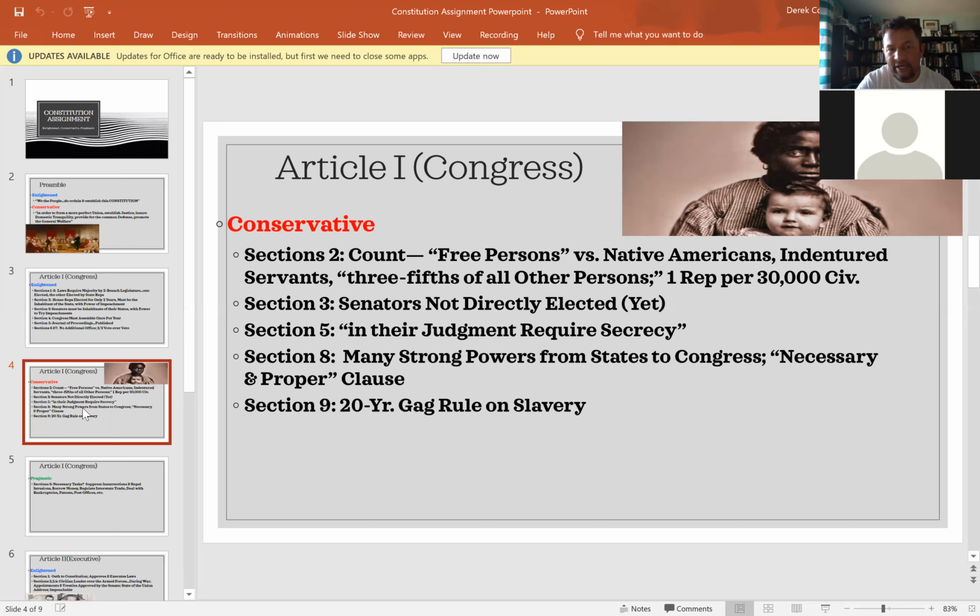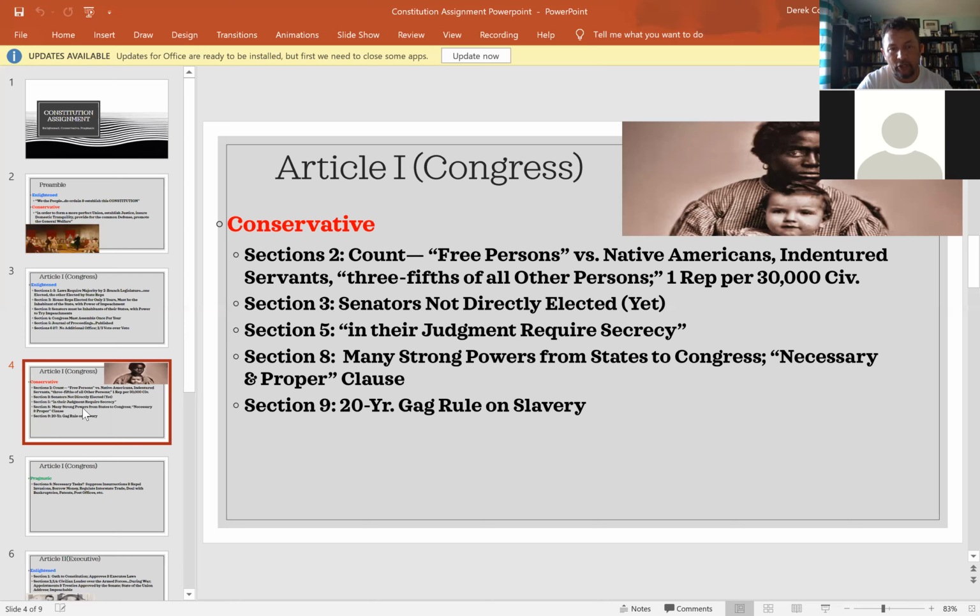And so to me, that's kind of a blank check saying, okay, here's a specified list of what Congress can do, as opposed to the states, which was much more power than the federal government had under the Confederacy.